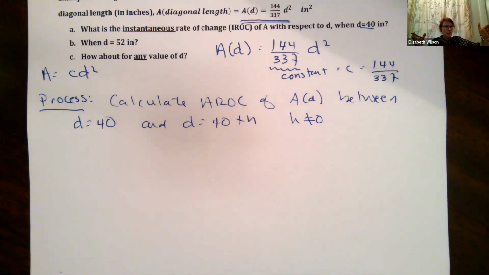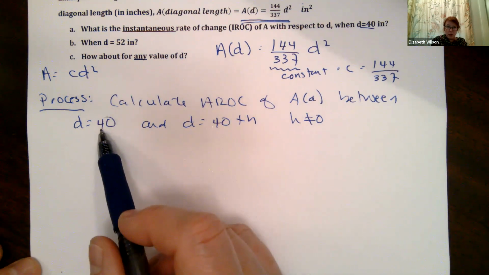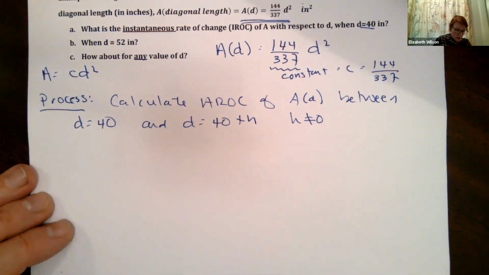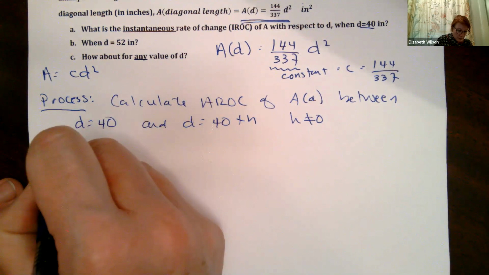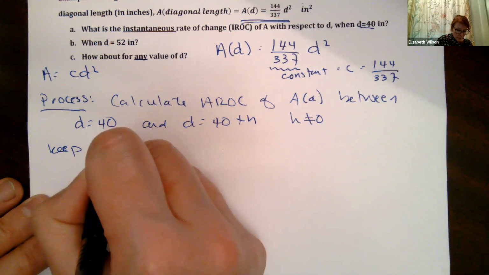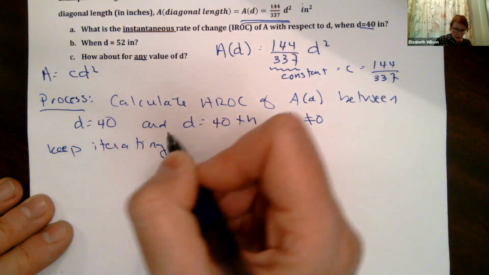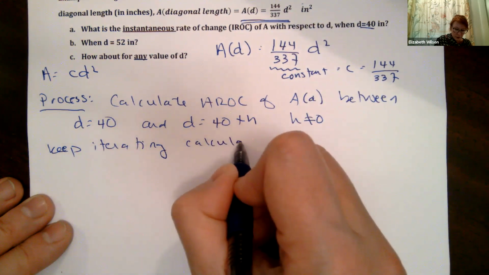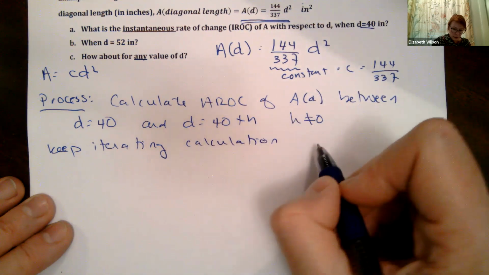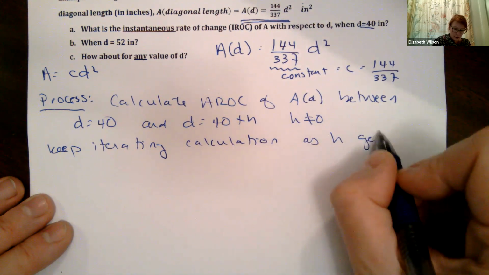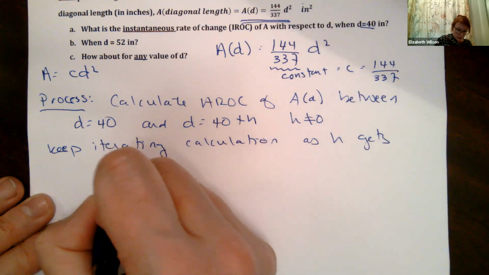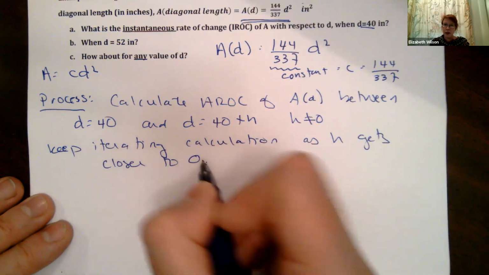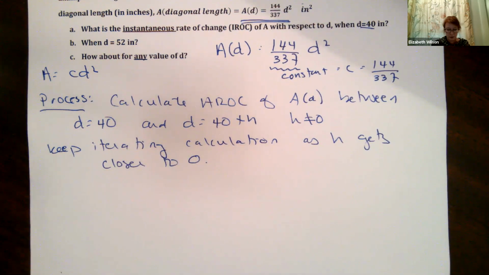Then we're going to keep changing it. We're going to make h smaller and smaller until we sit super close to d equals 40. I'm going to keep repeating that calculation as h gets closer to 0. This is where the limit comes in, because you don't want to actually do it yourself.